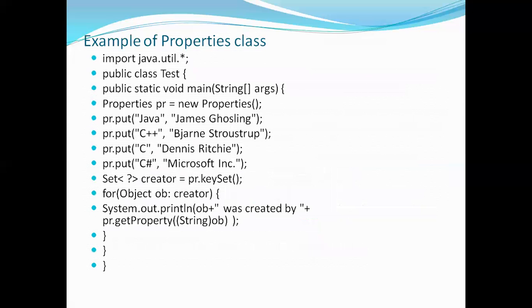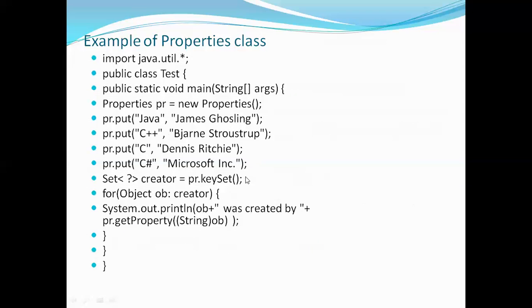Next is an example of a property. Here I am taking a class called Test. In the main method, I am creating the object for property, that is pr. Next, I am adding the elements using the method called put. So I'm putting key and value pairs into the property object.